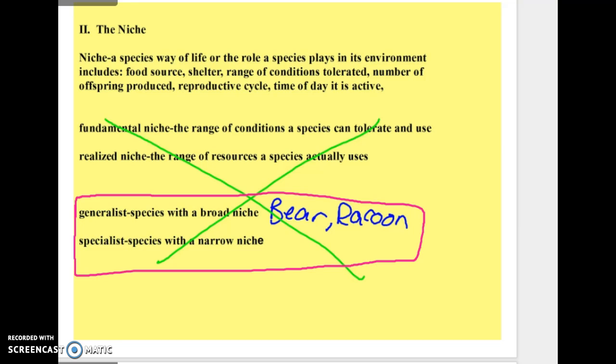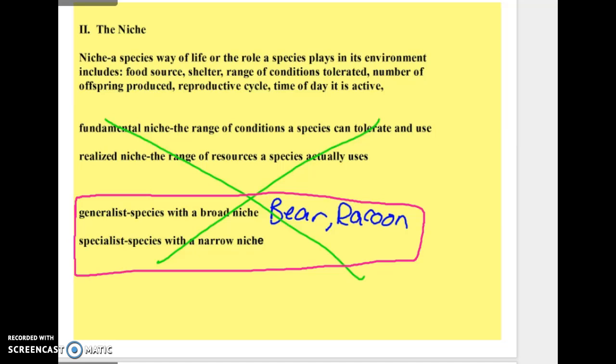It includes the food source and shelter, the range of conditions tolerated, the number of offspring, how many babies it has and how often, the reproductive cycle, what time of year breeding occurs and what time of year the young are born, and so on, and the time of day that it's active. So many things beyond what it will eat and where it will live.